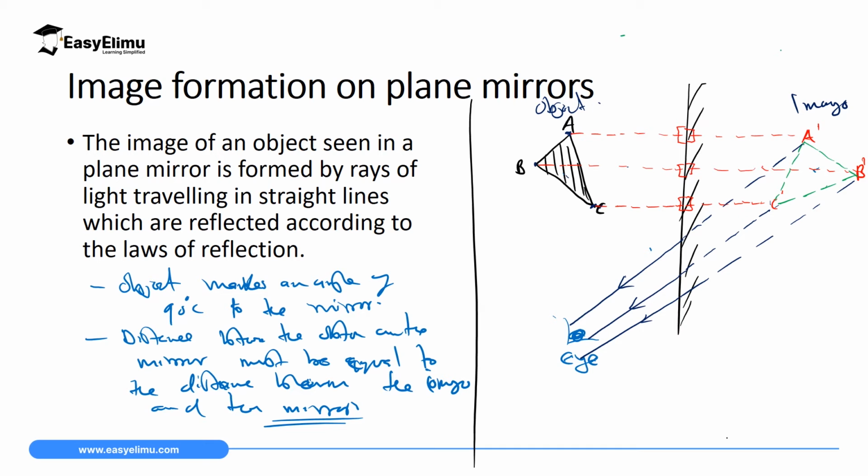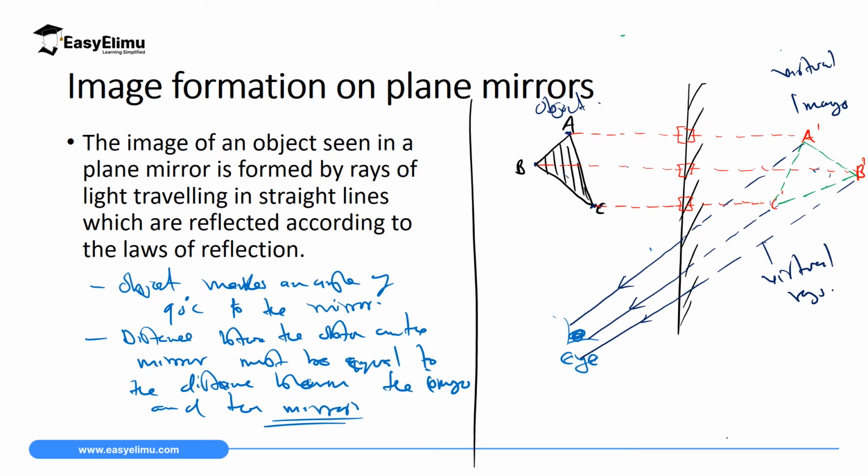The rays behind cannot have an arrow drawn on them because they are virtual rays. We call them virtual rays, rays which cannot be formed on a screen. So even this image is a virtual image.